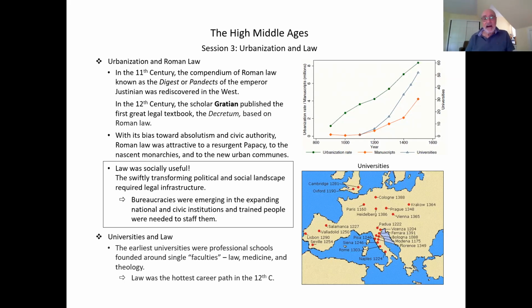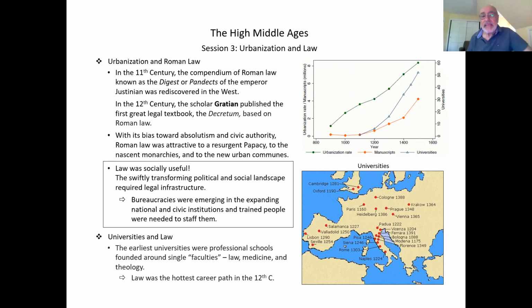You had the new proletarian classes. You had the new craft classes in the communal entities of northern Italy and northwestern France. Bureaucracies were emerging in the expanding national and civic institutions, and trained people were needed to staff them.